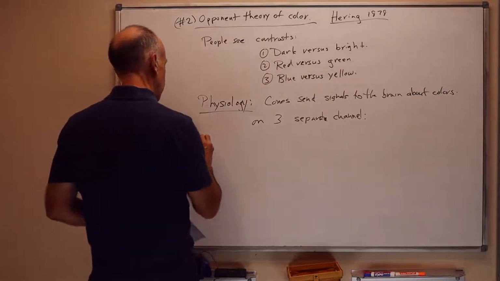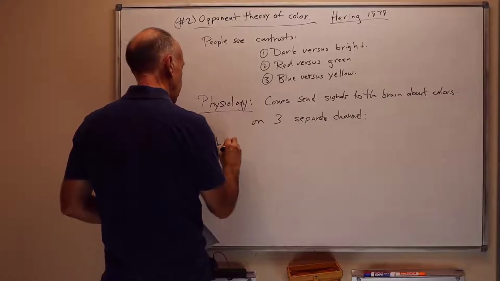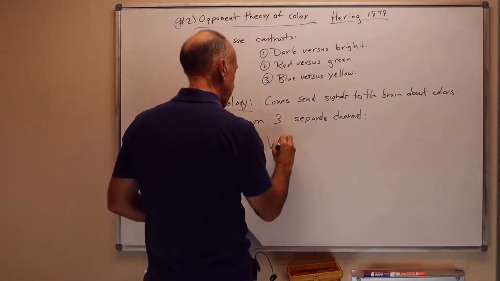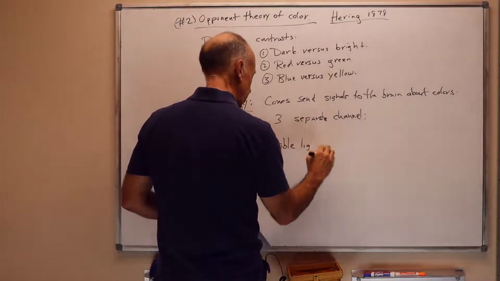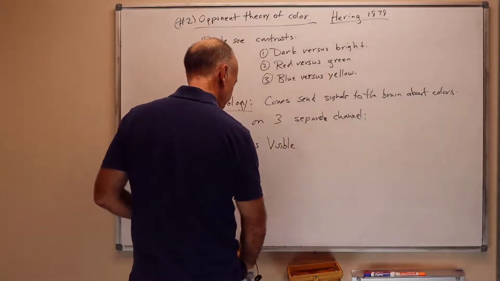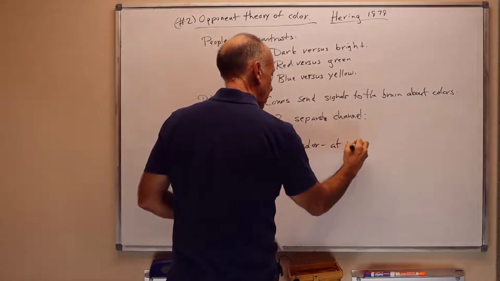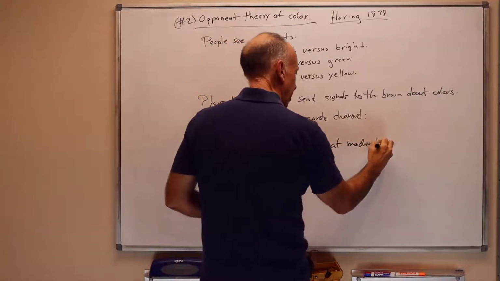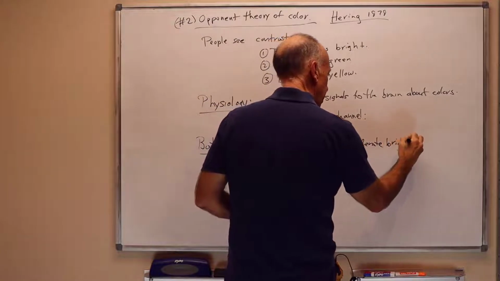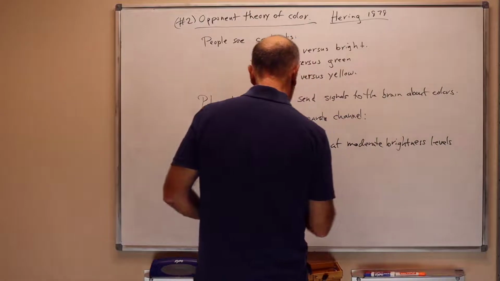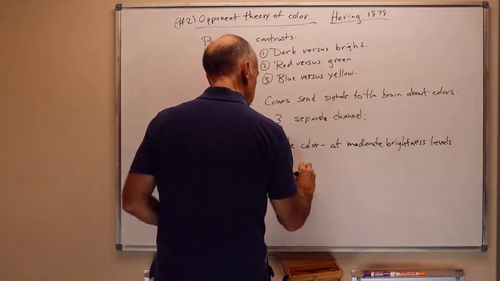Both theories tell us that visible color, at least at moderate brightness levels, right, this is where we can see colors, form a 3-dimensional space.